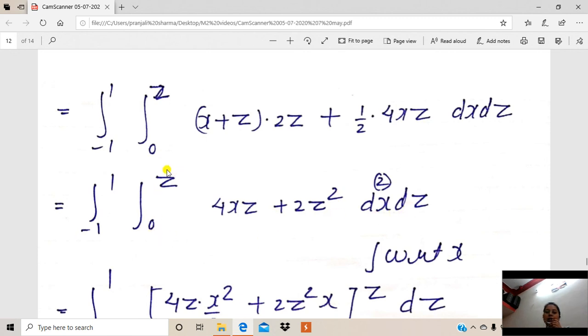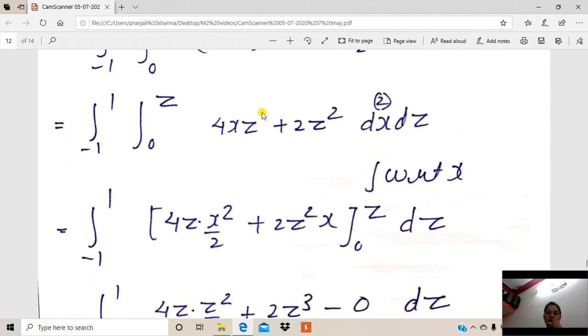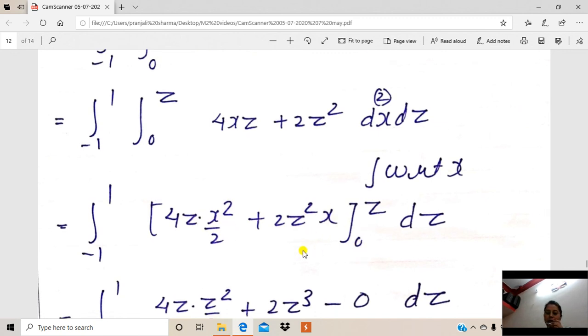Now since x has variable limits, the second integration will be with respect to x, treating z as a constant. So if we keep z as constant, the integration will be 4z into x square by 2 plus 2z square, which is a constant, into x between the limits 0 to z. Now we apply upper limit minus lower limit.